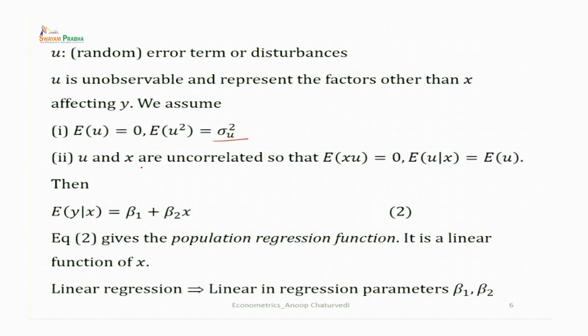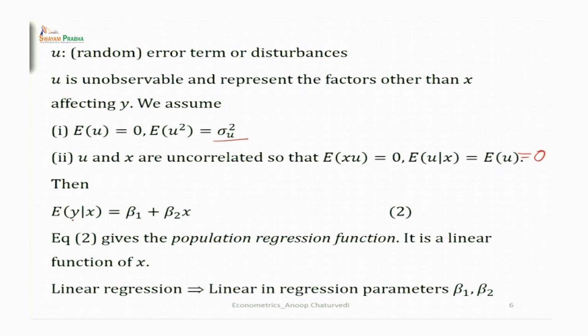We also assume that u and x are uncorrelated, so that expectation of x u is 0, since we are assuming that x is generated from outside the model and u is the part of the model. Or you can say expected value of u given x is equal to expected value of u, and this is 0.